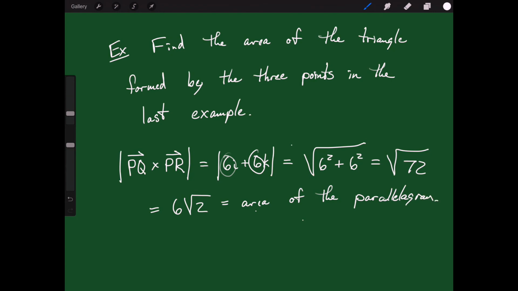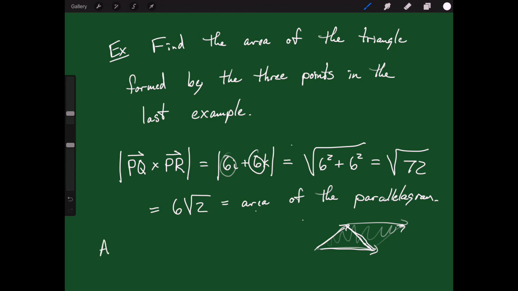Now, that's not what I want. I want the area in the triangle, but a triangle is exactly half of the parallelogram, because if I have two vectors here and I form the parallelogram and I find this area, then if I wanted the area of just the triangle formed by those 3 points, it's just exactly half of the parallelogram.